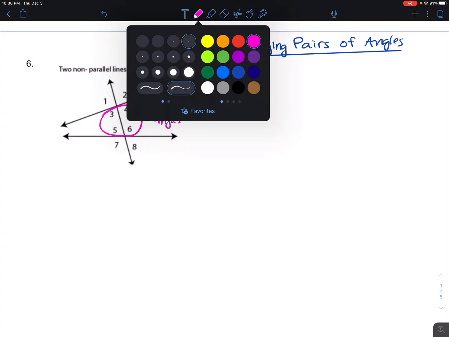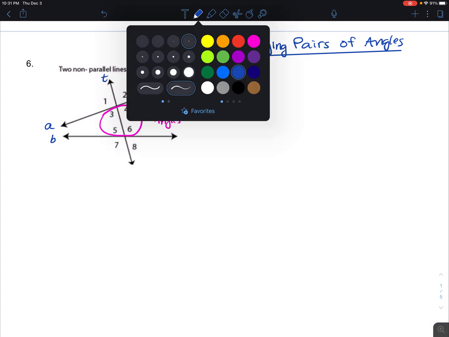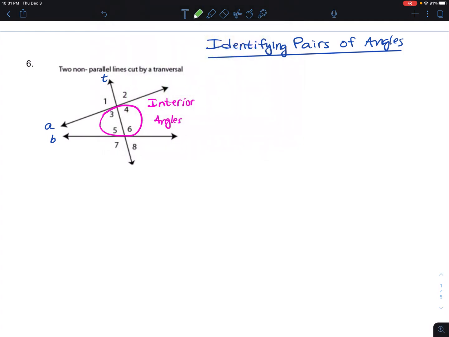And I guess we can call the lines A and B. And let's make the transversal T. Okay, and then the angles on the outer parts of those two lines are your exterior angles. Okay, so we have interior angles, we have exterior angles.